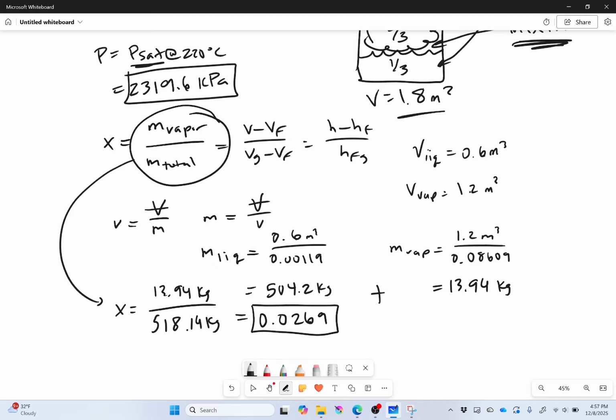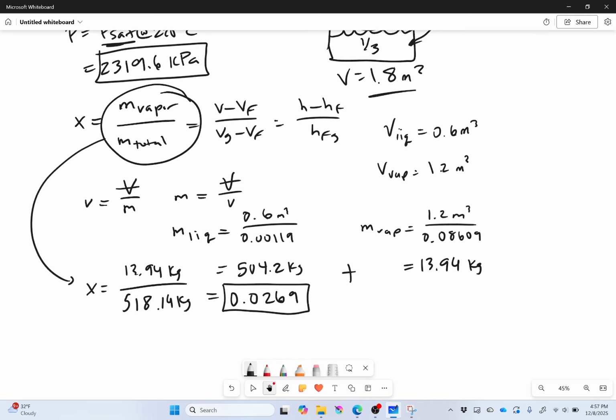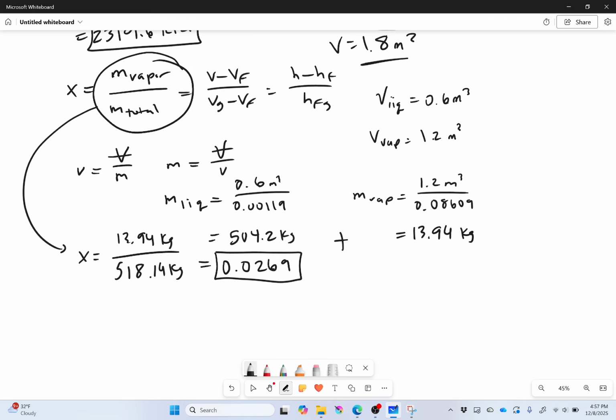The last thing it asks for is the density. And you can do this either the easy way or the hard way. We're going to do the easy way first, and then I'm going to show you the hard way, which your book is kind of thinking you're going to do. Density is simply equal to mass over volume. You have a mass, that's the total mass. You have a volume, 1.8.